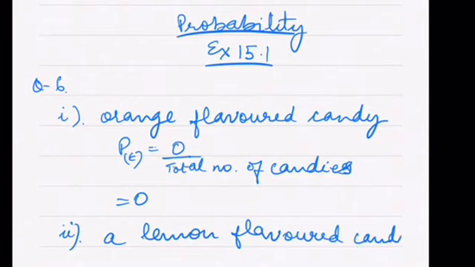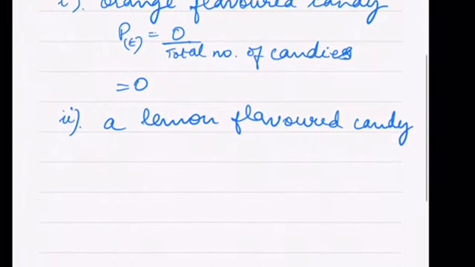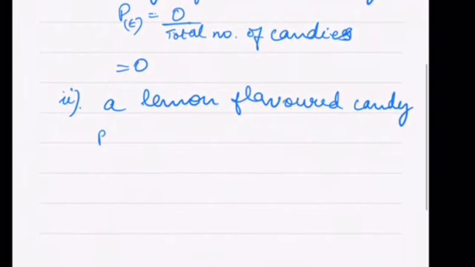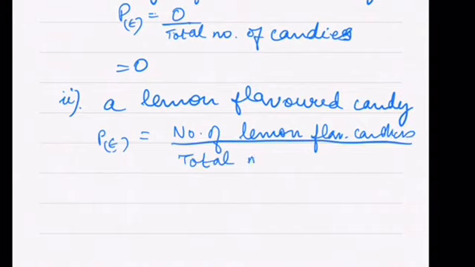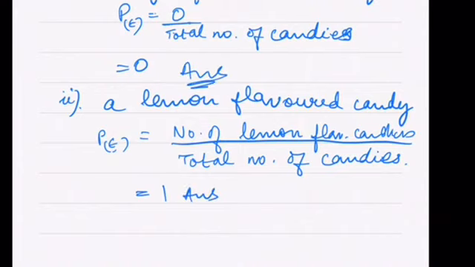There are only lemon flavored candies, so probability of the event will be equal to number of lemon flavored candies over total number of candies, and they are both equal, right? So my probability will be equal to 1. That's my answer for that. So I think we are done with this question.